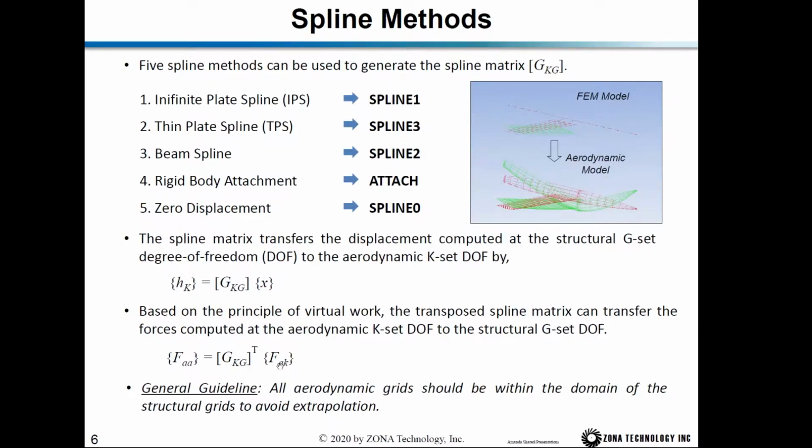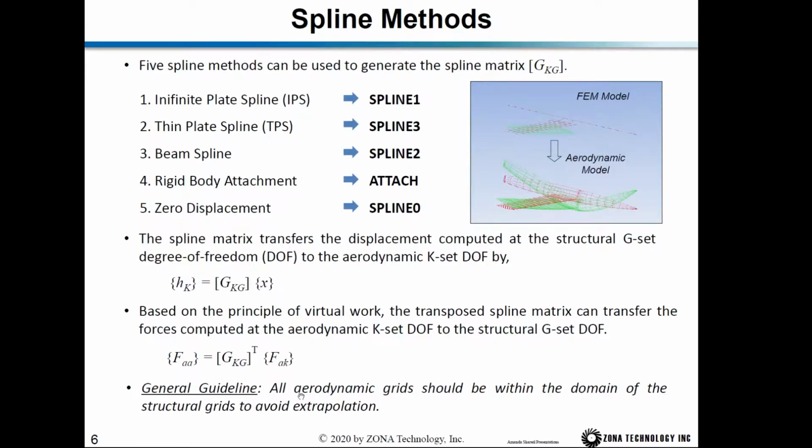And if you sum all the forces at the aerodynamic model to get the total lift or side force, and after you transfer the force to the G-set, you also can add all the forces to give you a total lift and side force, and those lift and side forces are guaranteed to be the same. So this is based on the principle of virtual work.